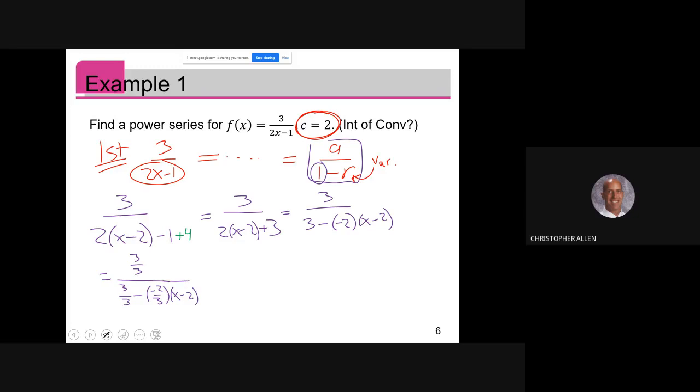I divided everything through by 3. Which gives us the following. 1 over 1 minus negative 2 over 3, quantity x minus 2.